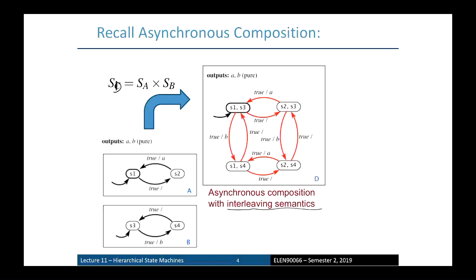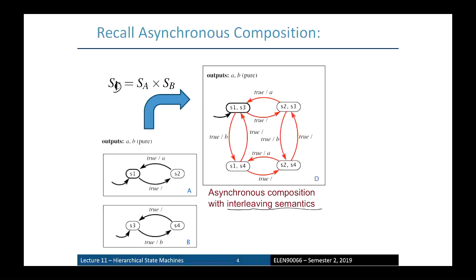So we have a bit of choice about how they react by picking interleaving semantics. It gets really complicated if we actually have asynchronous composition where we can allow A, B to occur at different times and also at the same time. It gets complicated there, okay, because we could have outputs perhaps that are not compatible with each other and things like that.